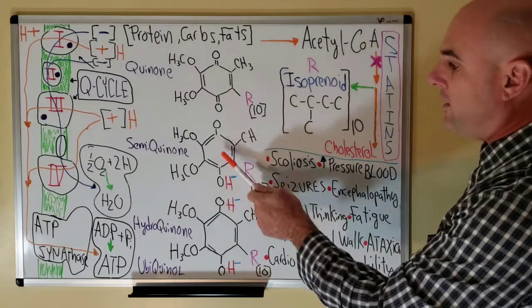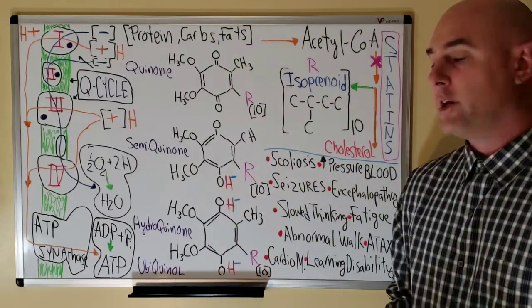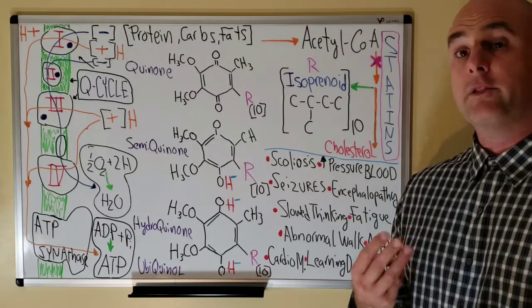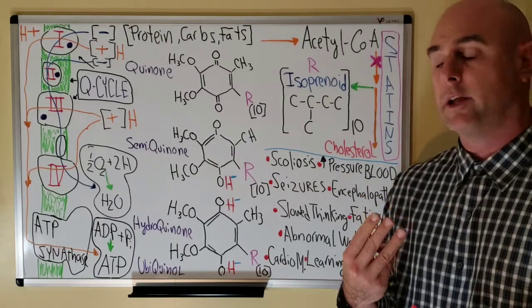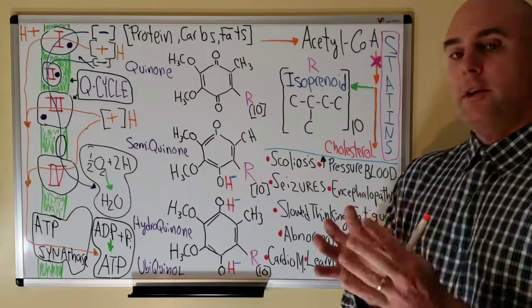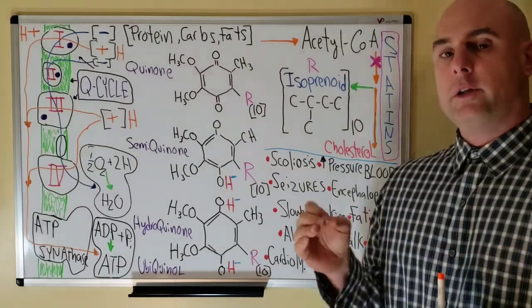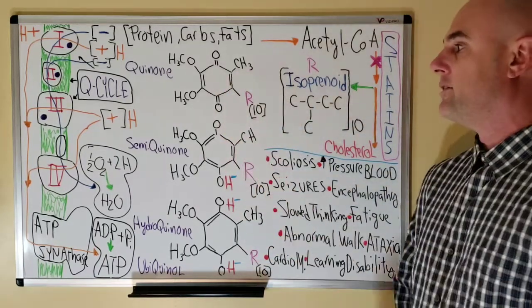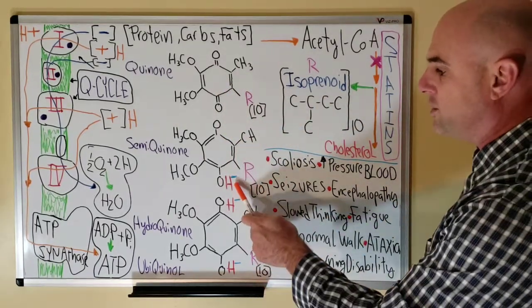So as you can see here, I have these 3 structures that represent CoQ10, because CoQ10 can exist in 3 different oxidative states. The difference between oxidized and reduced is that if this molecule is oxidized, it has no additional electrons.